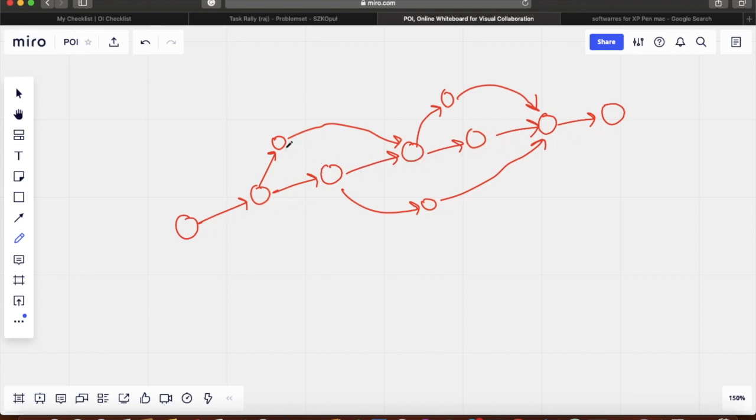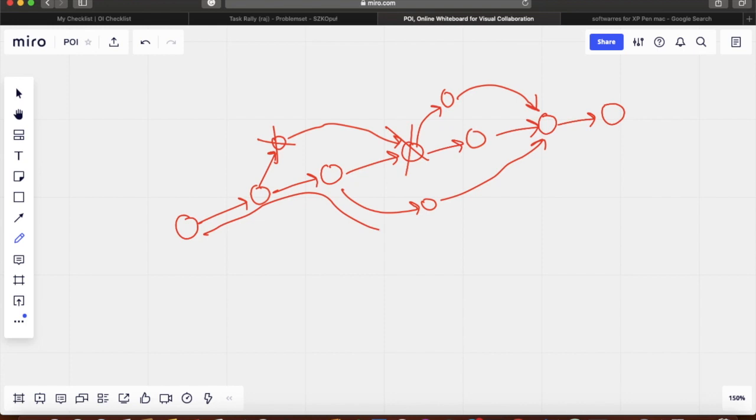So for example, if I delete this, it doesn't really shorten our longest path. The longest path still remains as it is. Now what we could do is delete something like this, and then hopefully our longest path will get minimized.